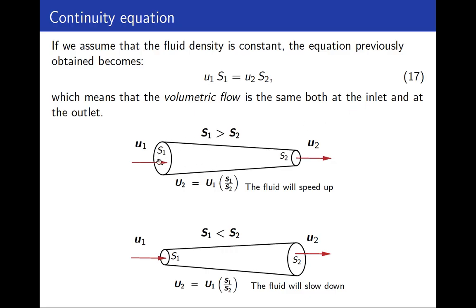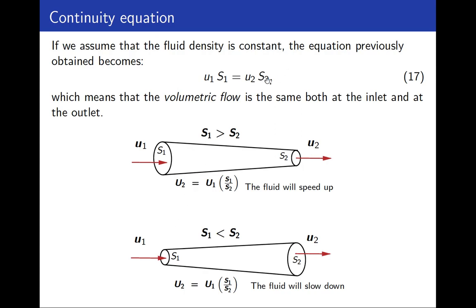So now let's assume that we have these changes in geometry. The surface at the inlet is going to be much bigger compared to the surface at phase 2. And we have two different values of velocity entering and at the outlet. So let's obtain an equation for U2.